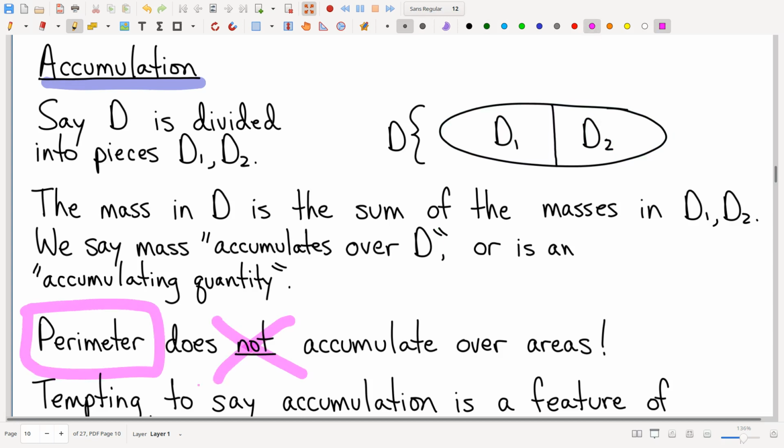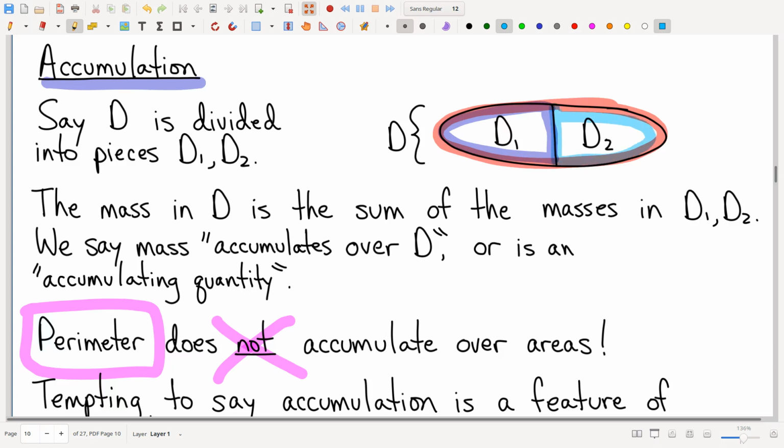Perimeter, I claim, is not an accumulating quantity because there's the perimeter of the whole. You could measure off what's that total distance along that outside border. That perimeter is not the sum of the perimeter of the left chunk and the perimeter of the right chunk.